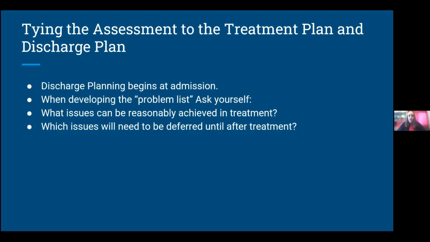But you also might work for an agency where that's just not possible if they have a shorter length of stay and you just don't have the ability to address other issues such as their housing, or perhaps they could use marriage counseling, but it just wouldn't be feasible for that to happen while they're in treatment. So we still want to make sure that they're identified in the assessment, but those are the things that you're going to find maybe as recommendations in the discharge plan.